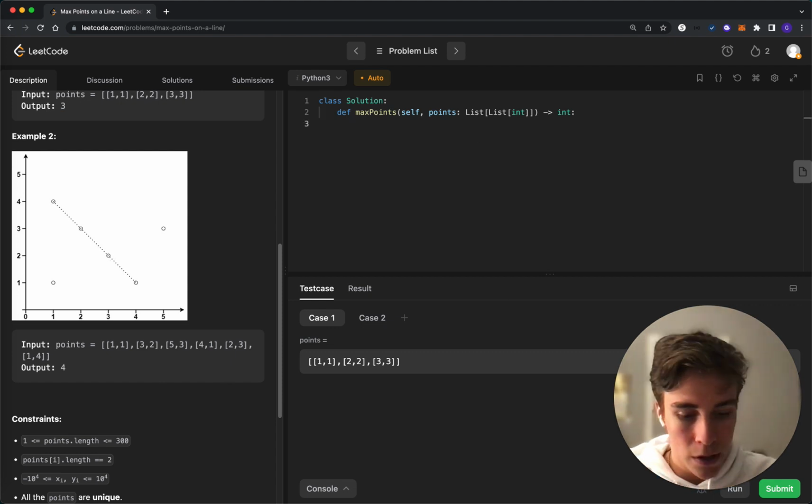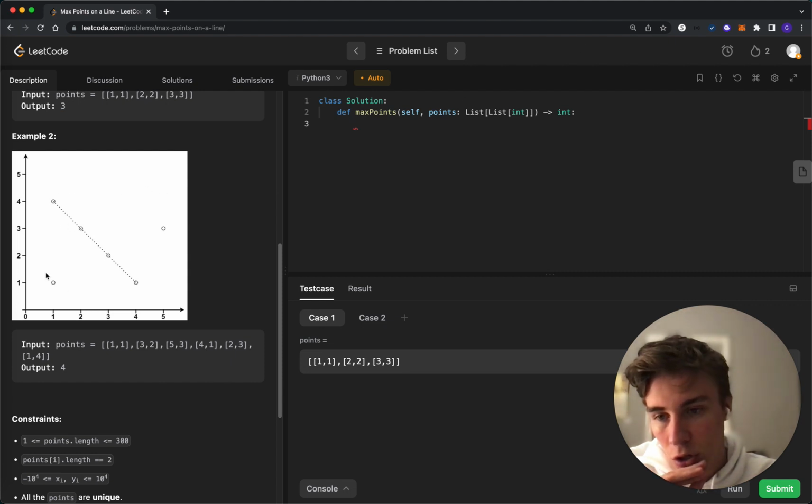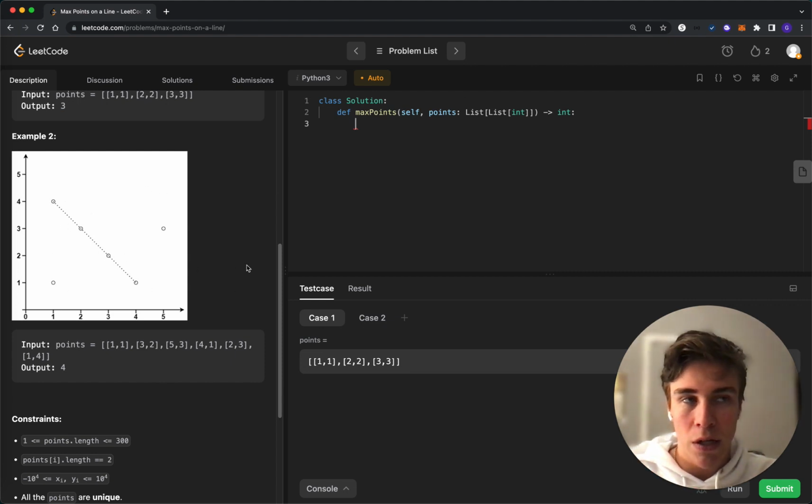I'm sure that from high school everyone remembers this formula, y = mx + b. These are two constants, one indicating the slope, one indicating the intercept. My idea is to find all the different slopes between each pair of points and make some sort of dictionary where those two constants indicate the key and the value is the number of points on that line.